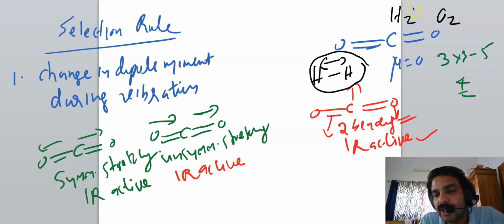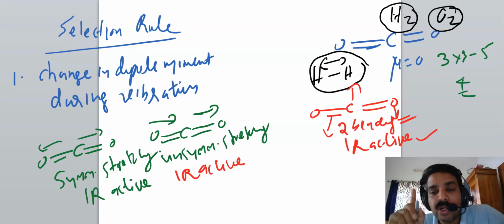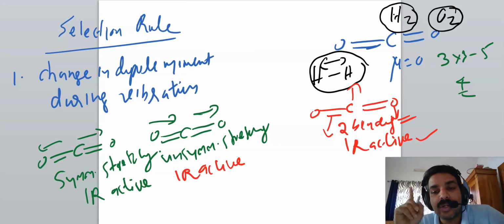So a homonuclear diatomic molecule cannot show IR spectroscopy, vibrational spectroscopy, because there is only one vibration, and that vibration doesn't bring a change in dipole moment. So homonuclear diatomic molecules are IR inactive and rotationally inactive.